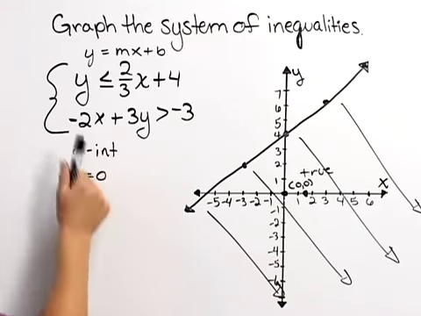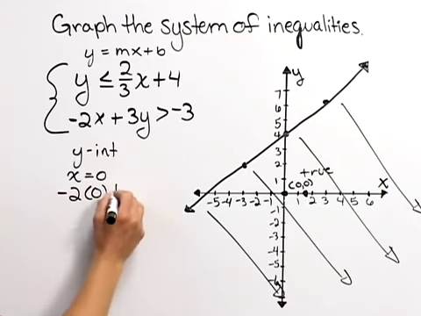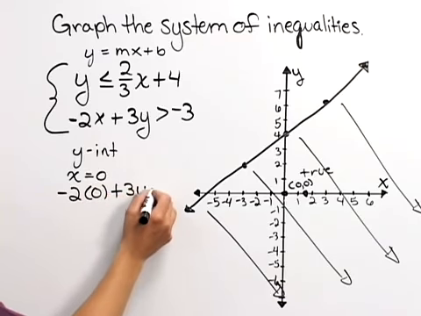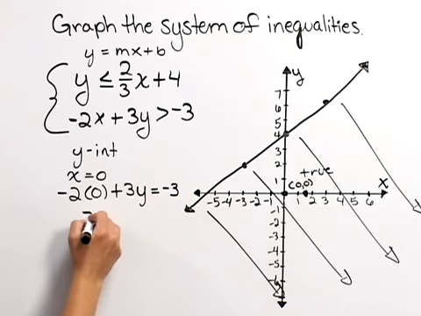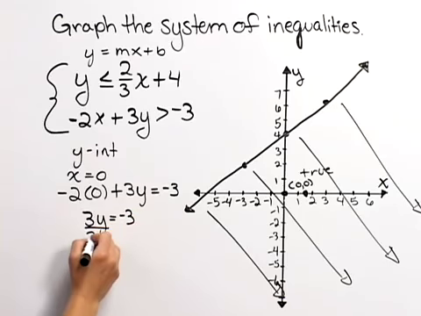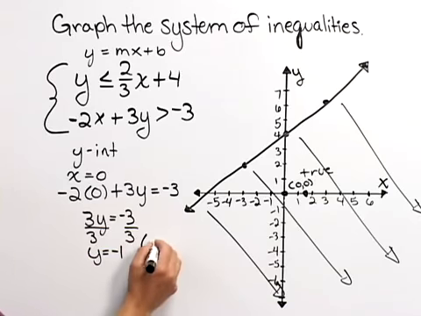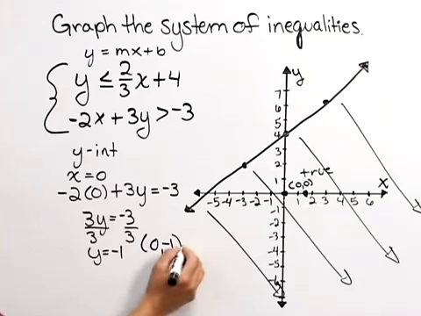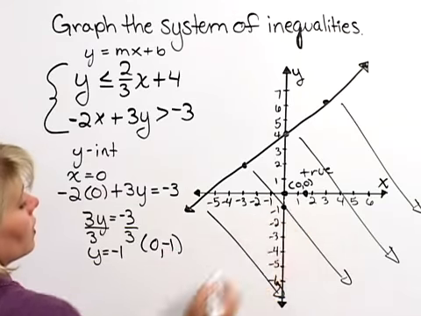So we're going to plug in 0 for the x here to get negative 2 times 0 plus 3y equals negative 3. Or 3y equals negative 3. When we divide by 3, y ends up being negative 1. So we have a y-intercept at 0, negative 1. Let's plot that point. It's right there.